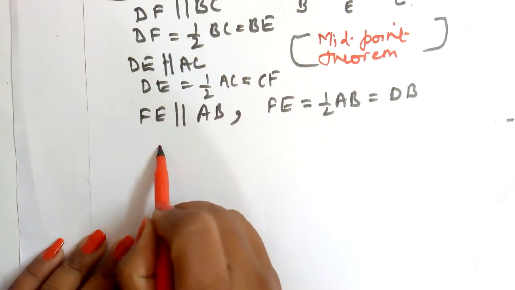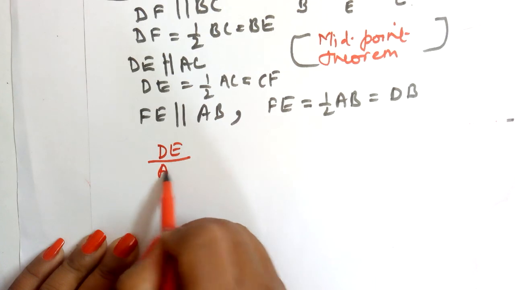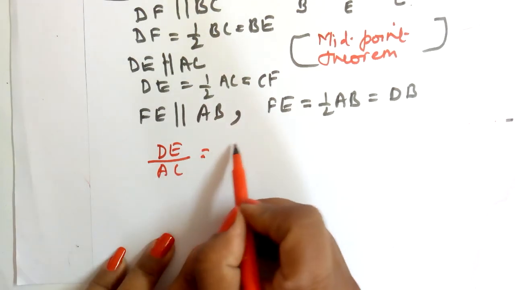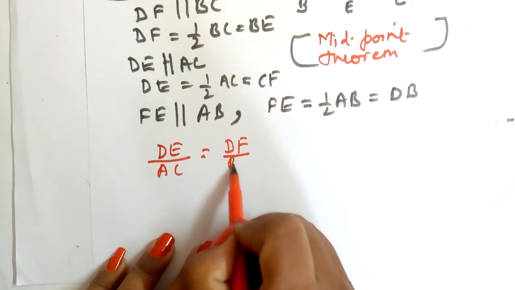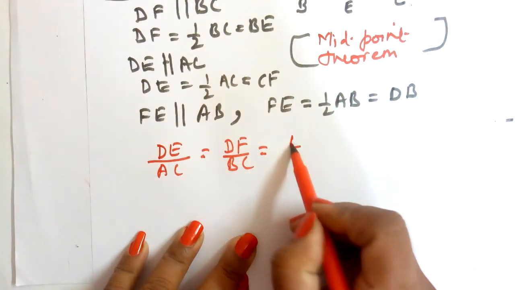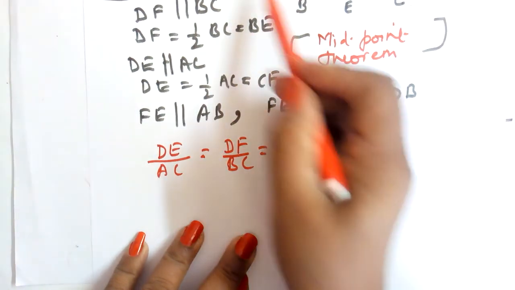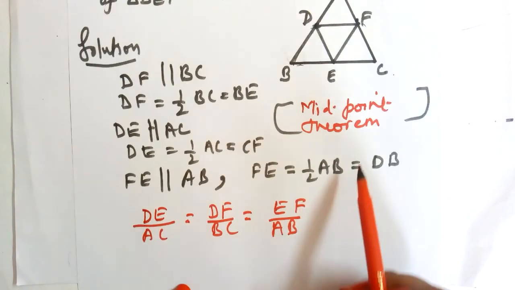If we talk about DE upon AC, DF upon BC, and EF upon AB, I hope this is very clear because this is regarding the midpoint theorem.